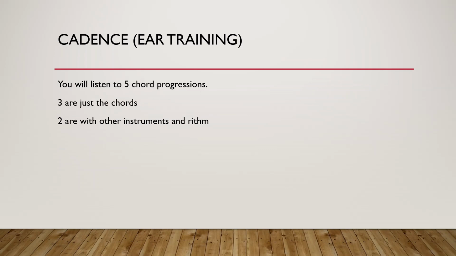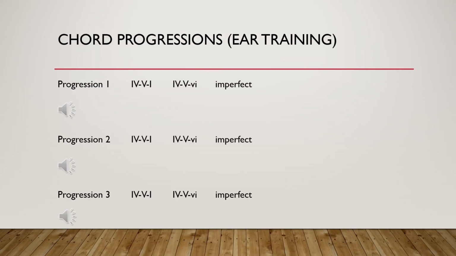And I do not want to make things any more complicated, so I have 5 chord progressions. The first 3 are just with chords and the other 2 are with instruments and rhythm. And I would like for you to identify if they are in 4-5-1, which is a perfect cadence, if it is 4-5-6, a deceptive cadence, or if it ends with a dominant function, and so it is a imperfect cadence.